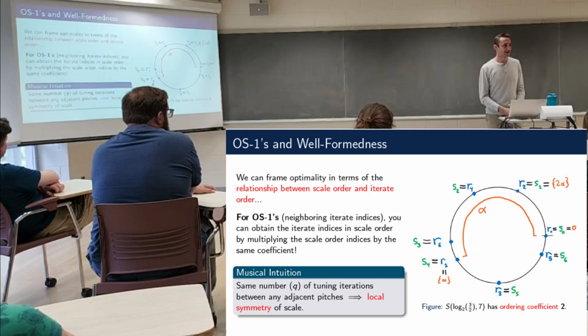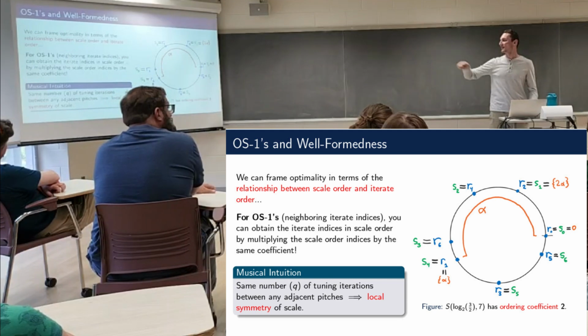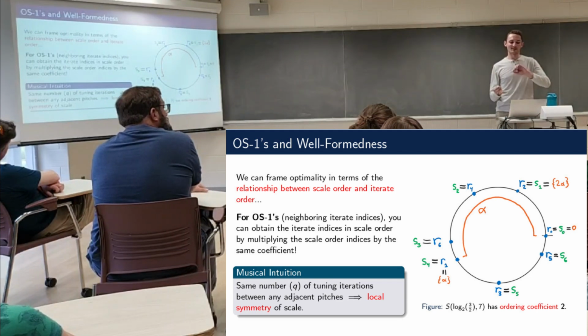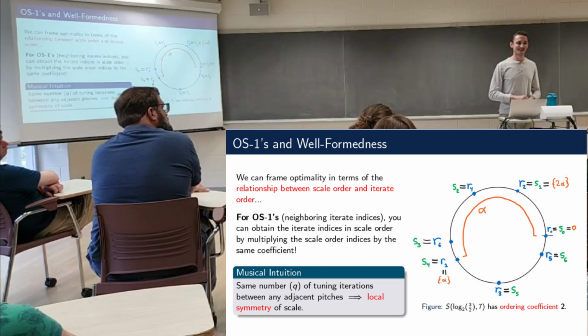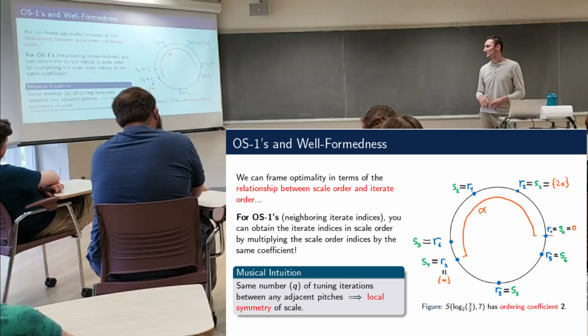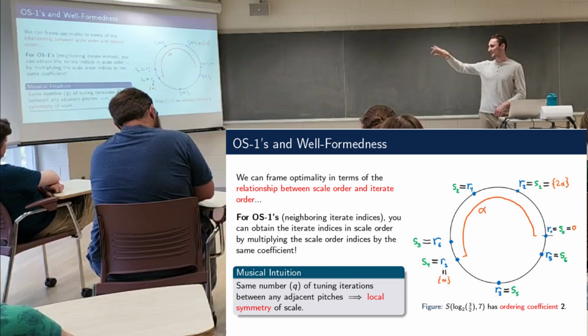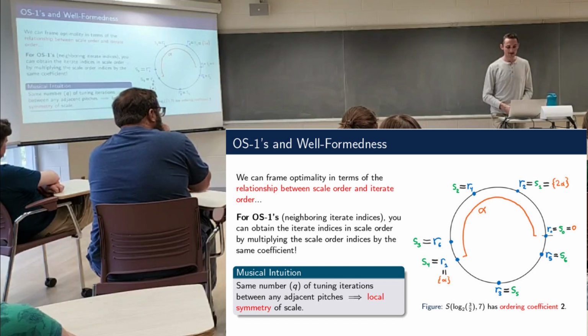Intuitively, this means that each scale step represents the same number of iterations in the tuning process. So there's a kind of local symmetry of the scale, where the first 2 pitches are 2 tuning steps apart, the next 2 pitches are also 2 tuning steps apart, and so on.